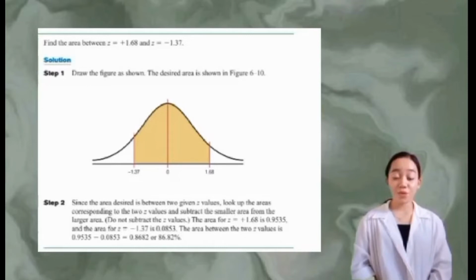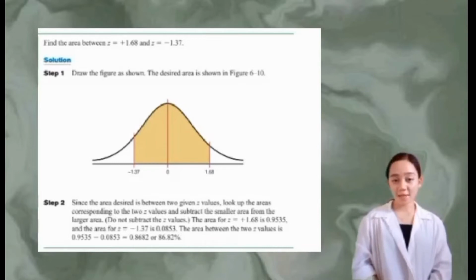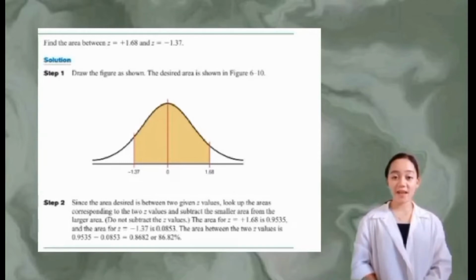Subtracting the two areas would come up to 0.8682 or 86.82%. And that is how you find areas under the standard normal distribution curve.